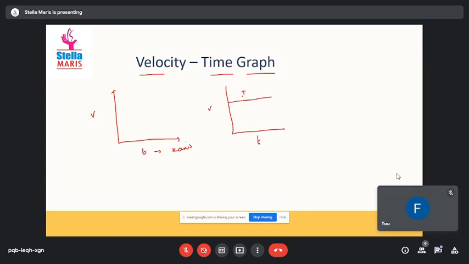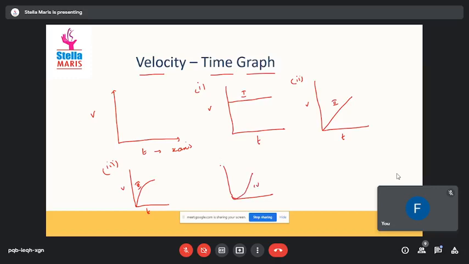This is graph two, and this is graph 3, VT. I'll write this 1, this is 2, and this is 3. Okay, and this is 4. This is the velocity time graph, and this is going to be 4.